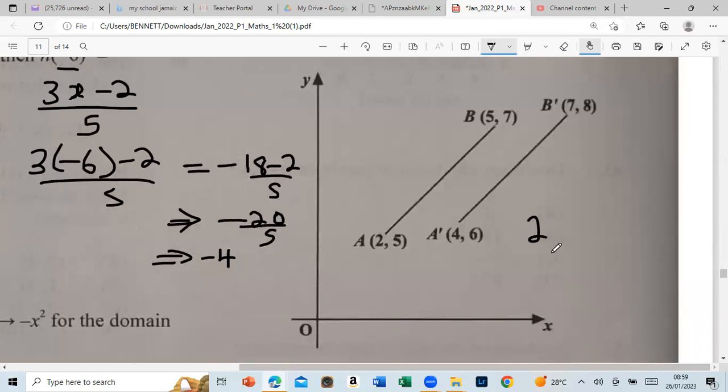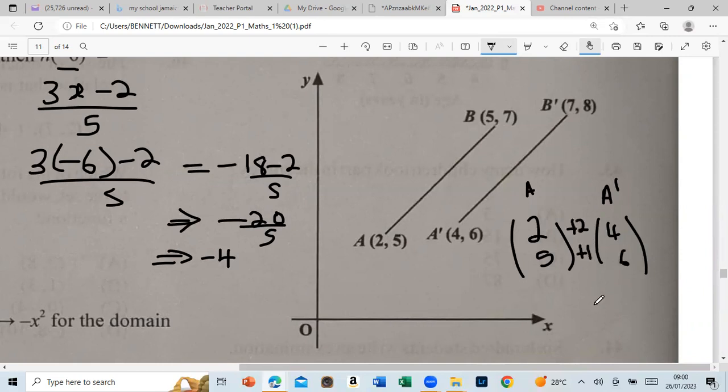Because once with a translation, it must be consistent. Alright? So you have A to A prime, you don't have to do for B. Once you do for A to A prime, it's the same. So you end up with 4 here, and then end up with 6. So you can clearly see they added 2 and they added 1. So the translation would be 2, 1.